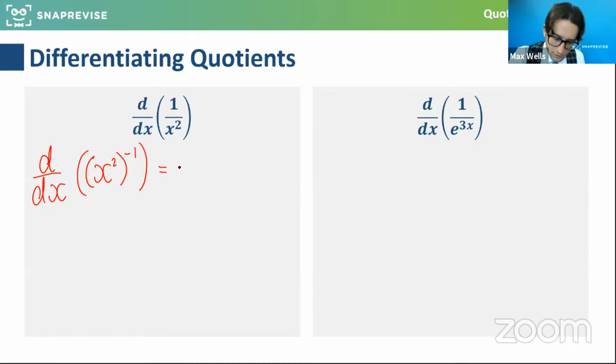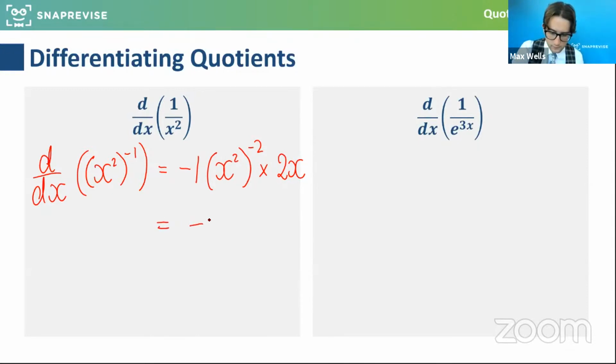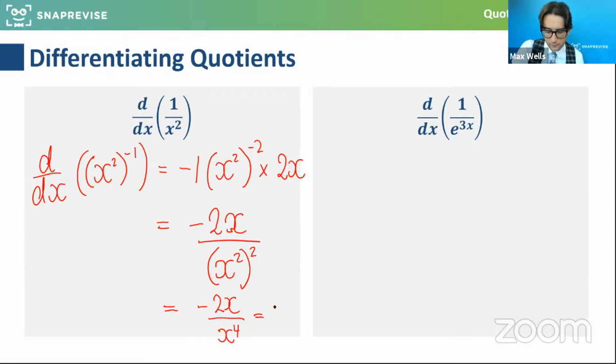So if I differentiate around it, minus 1 x squared to the minus 2, then times it by the derivative of the inside, which I end up with minus 2x over x squared squared, and I get minus 2x over x to the 4, which does actually simplify to minus 2 over x cubed.